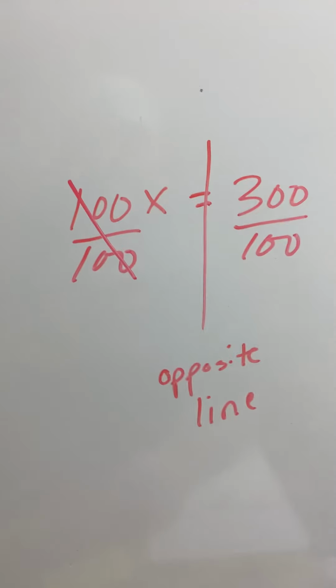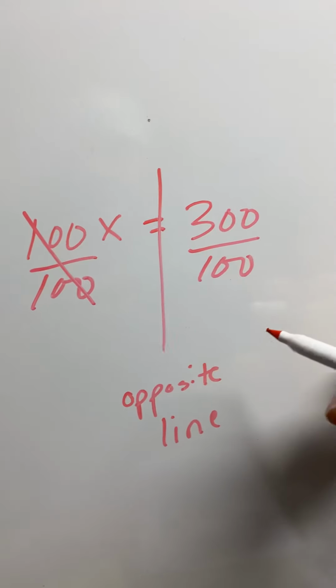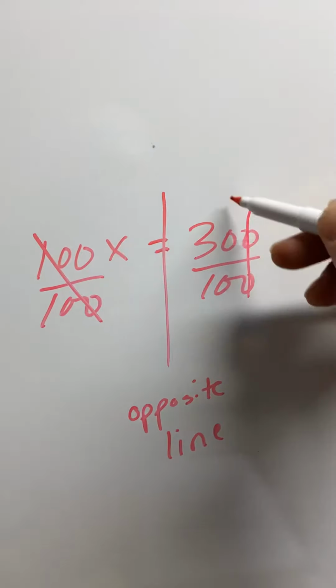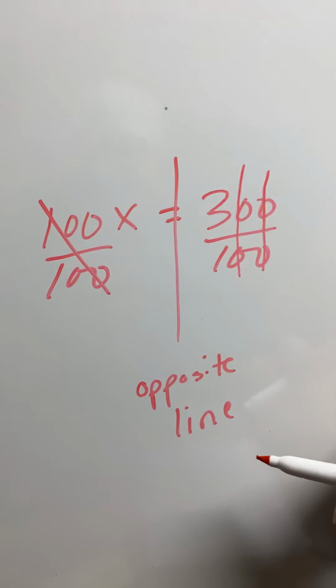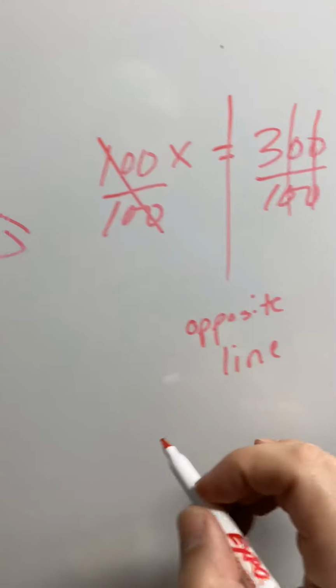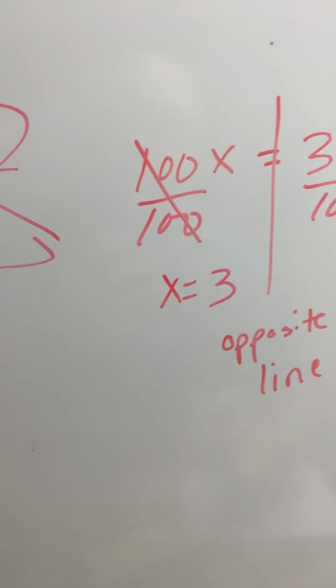This is done. Now we have 300 over 100. Remember, like I told you before, zeros can cancel if they're in the numerator and denominator. Make your life easier. Don't work harder. 1 divided into 3. Well, that means my answer is 3. Hope this helps.